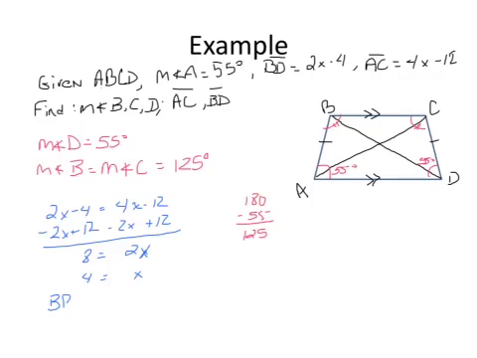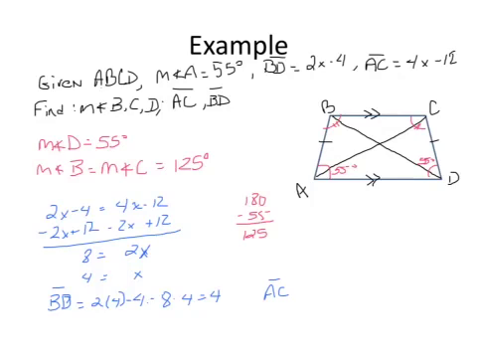We'll go with it. Segment BD is equal to 2 times 4 minus 4, which is equal to 8 minus 4, which is equal to 4. Now AC should come out the same length.